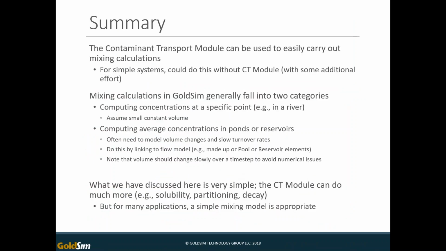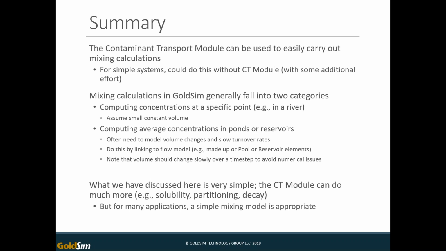So, in summary, what I've walked through here is some very simple examples of how to use the contaminant transport module. I should note, by the way, for very simple calculations, you don't need the contaminant transport module to do a mixing calculation. In that first example, you can do a simple mixing calculation yourself.